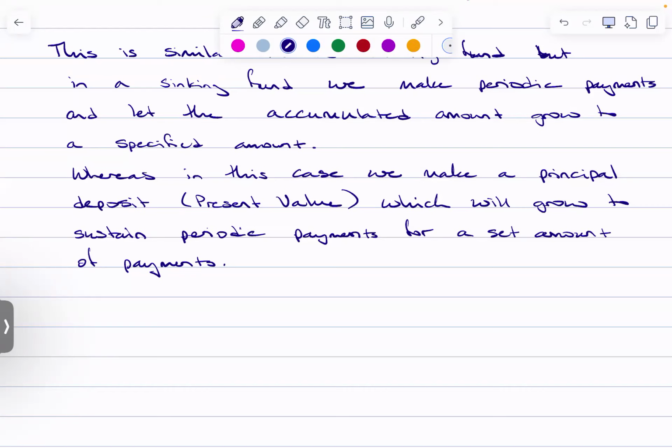Okay. So the thing about this present value is it essentially needs to be worth the same amount at the end of the term as if it was a sinking fund with those payments. Okay? And so they're linked.